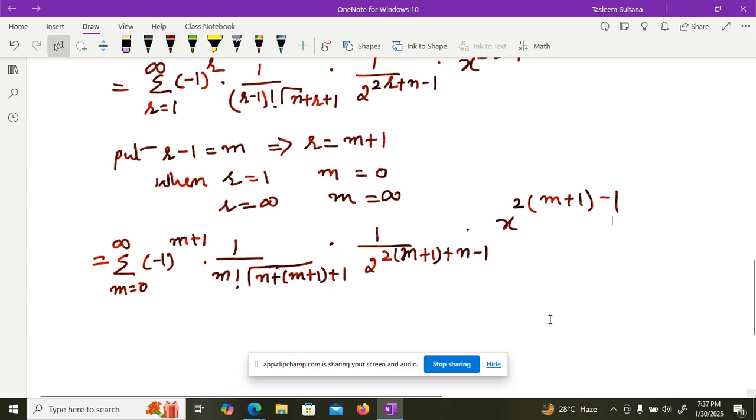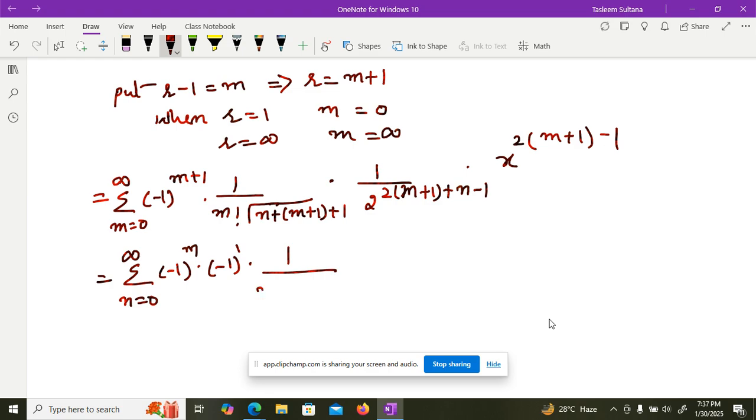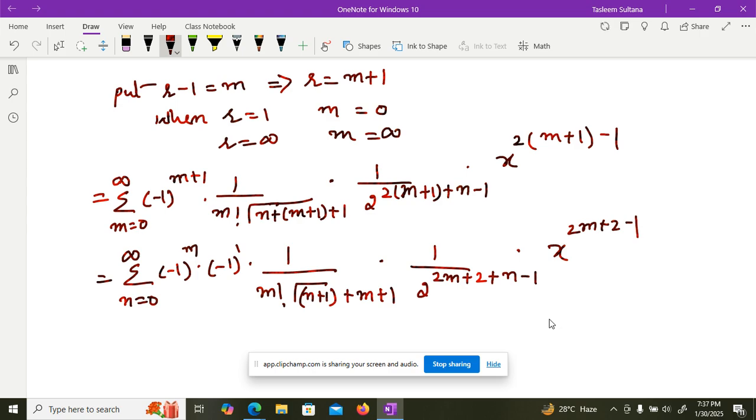Simplify, we have to fall into the definition form, which is equals to summation m is equals to 0 to infinity minus 1 to the power of m into minus 1 to the power of 1. I am separating the bases, into 1 divided by m factorial gamma of n plus 1, I will write, then this will be plus m plus 1, 1 divided by 2 to the power of 2m plus 2 plus n minus 1, x to the power of 2m plus 2 minus 1.